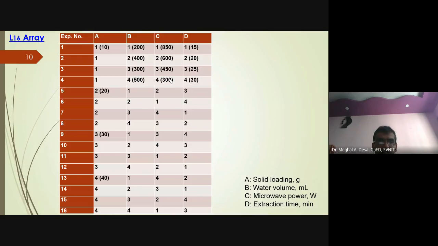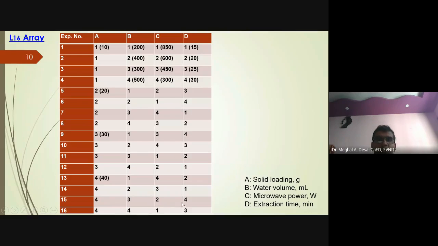The reason is, if you go to experiment number 15, where my solid loading is 40, the amount of water is 300, power is 600, and extraction time is 30 minutes.